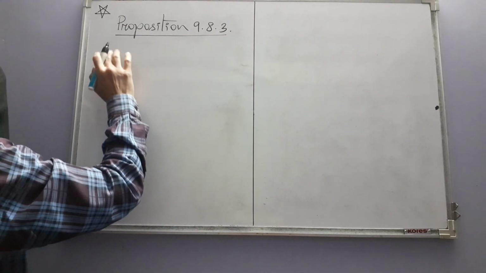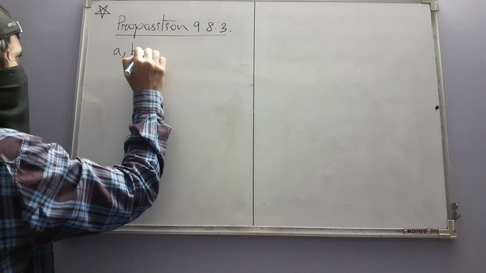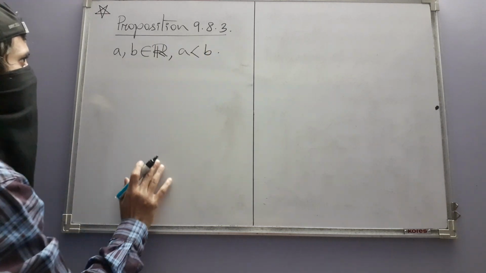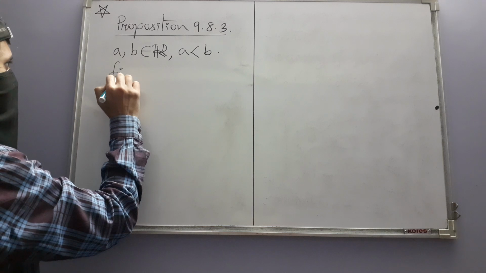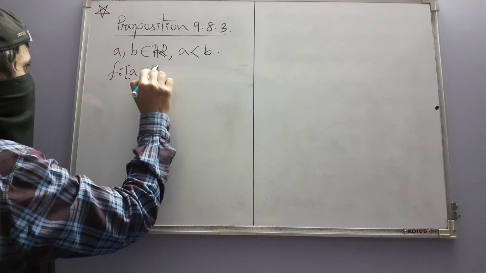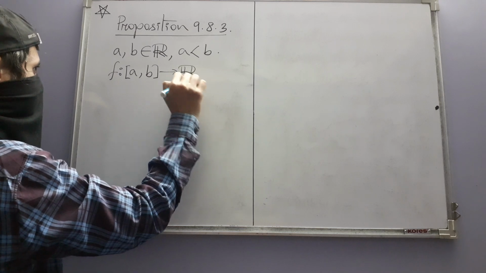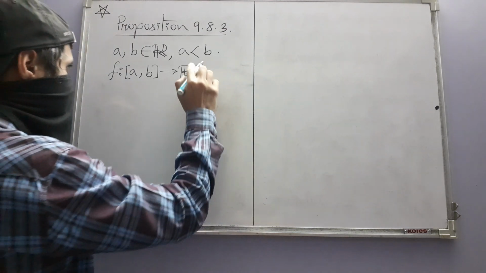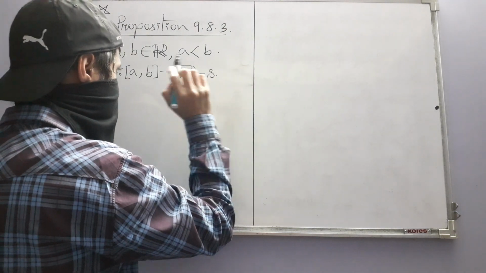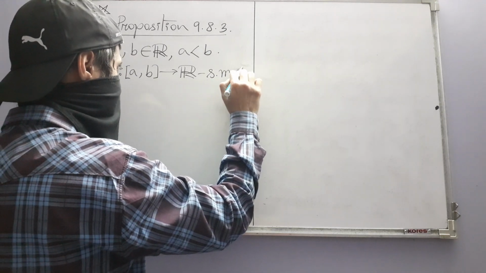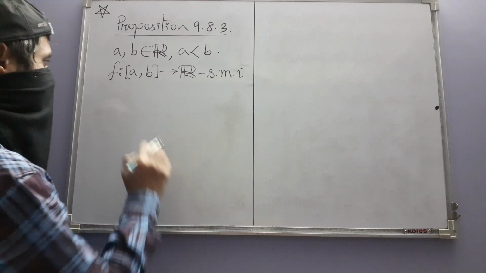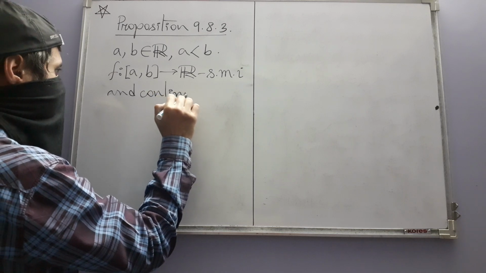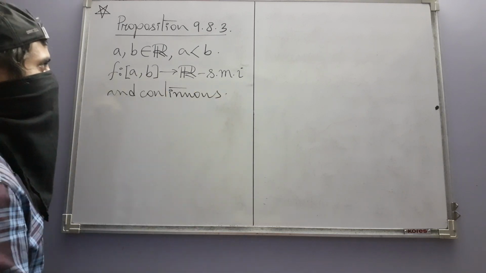So what this proposition says is that, say, a and b are two real numbers such that a is less than b. Now let f be a real valued function with the closed interval [a, b] as its domain, and this function is strictly monotonically increasing and also continuous.